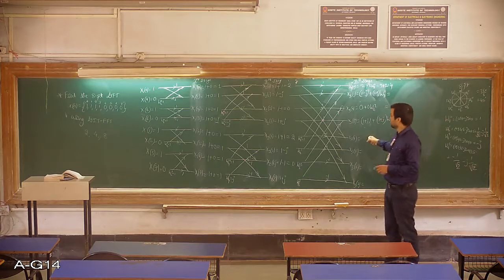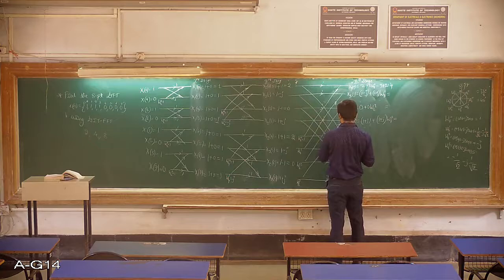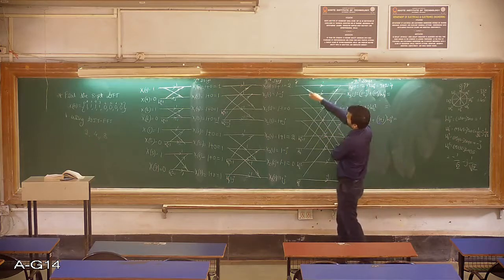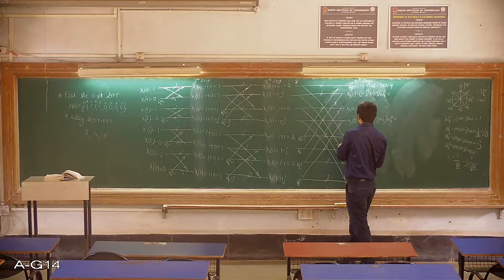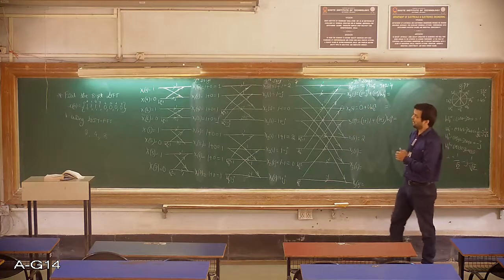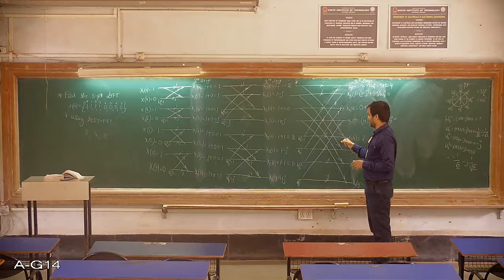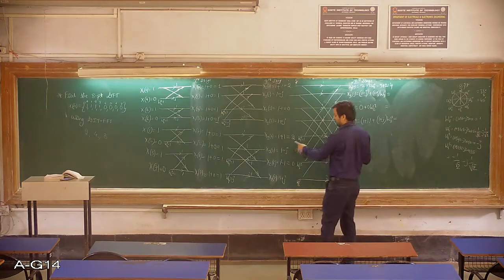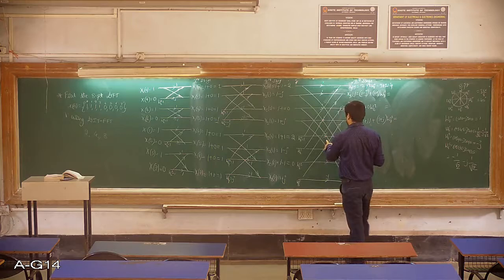Similarly, we can calculate here also. What is the value here? This point came from x2 of 0. What is x2 of 0? It is nothing but 2. The next one, this value, 2 into W8 of 0 into minus 1. So I will write minus 2 W8 of 0.